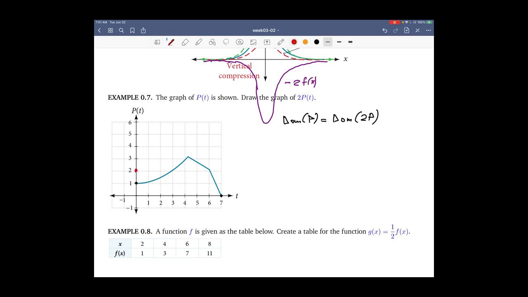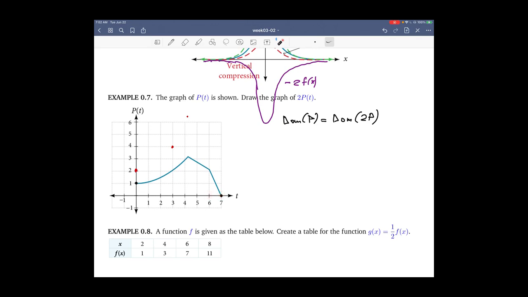Then the graph passes through the point 3, 2. When we stretch that by 2, we get 3, 4. We get the peak at roughly 4, a little bit over 4, and a little bit over 3, so the peak on 2p will be a little bit over 6. Note that the graph will pass through 0, because when you stretch 0 by 2, you still get 0.